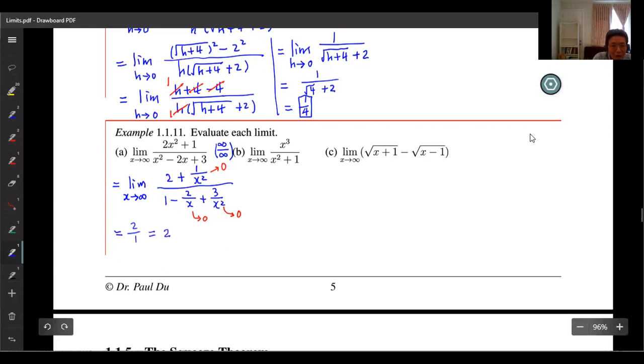How about the next one? This time the numerator has a higher power. If you divide by x cubed, I think it's still okay, or you can divide out x squared. Either way is okay. Here, you can divide out x squared, the highest power of the denominator only.